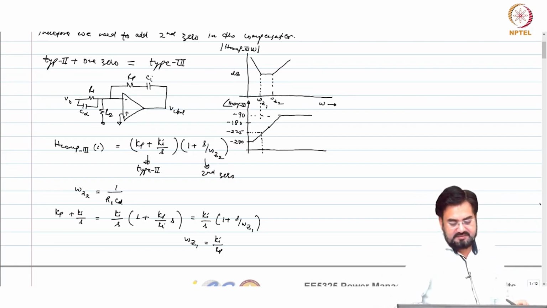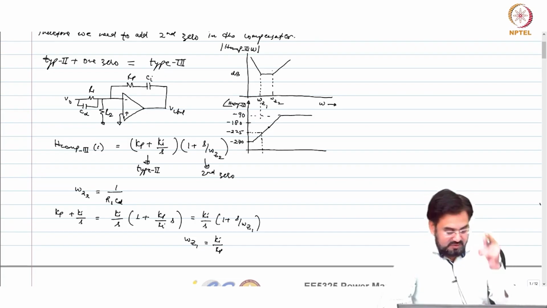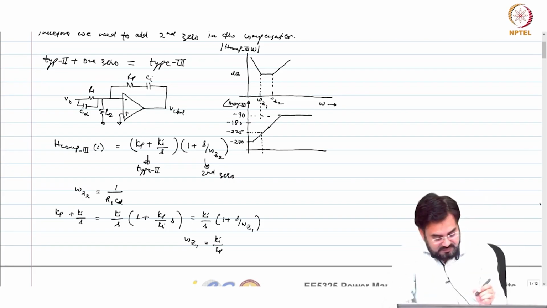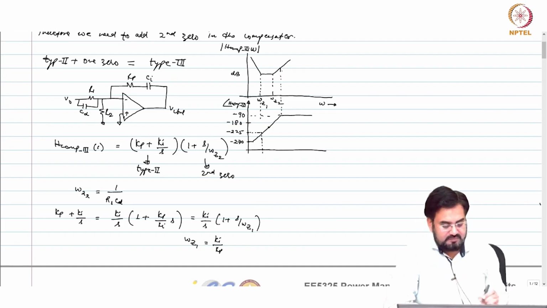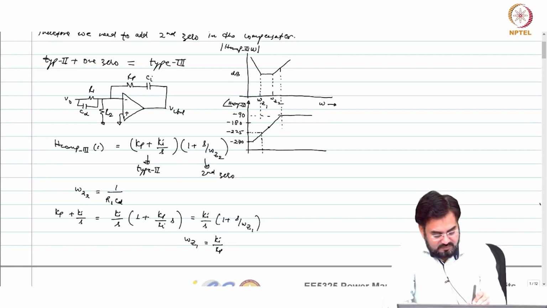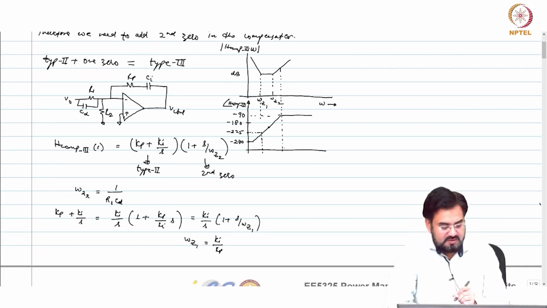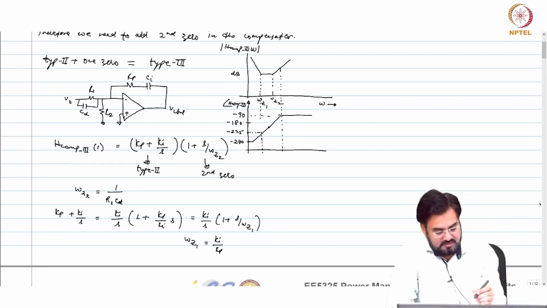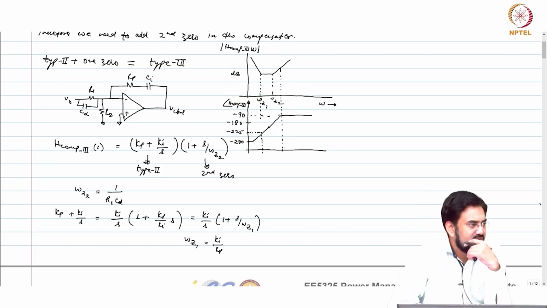So which means, where should I have my omega UGB? Your omega UGB should be after omega Z2, not Z1. If you move your omega Z2 out of UGB, you won't get any phase margin.